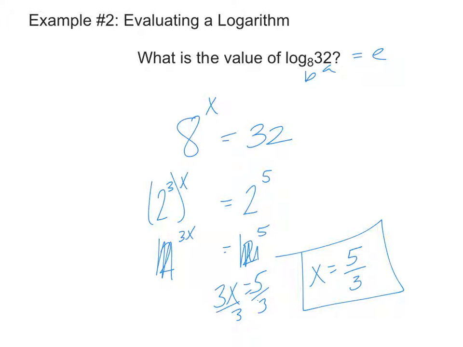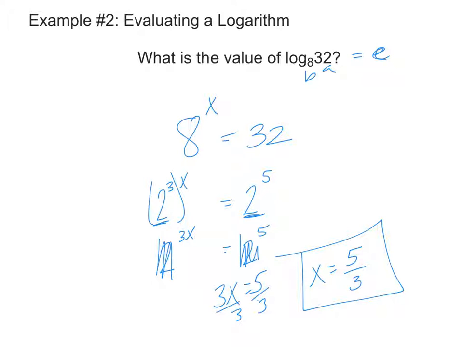And we are done. But again, it goes back to understanding what the question is asking you. The question is asking you to find the exponent of BEA, and there wasn't a very simple answer for x here, right? So we need to find a common base, which we found here is 2, and then we solved and found x is 5/3.